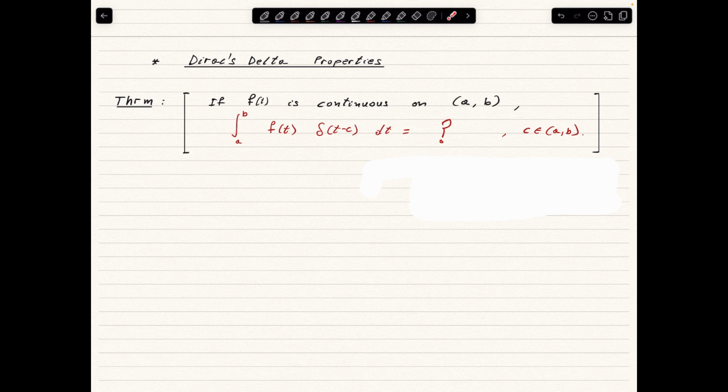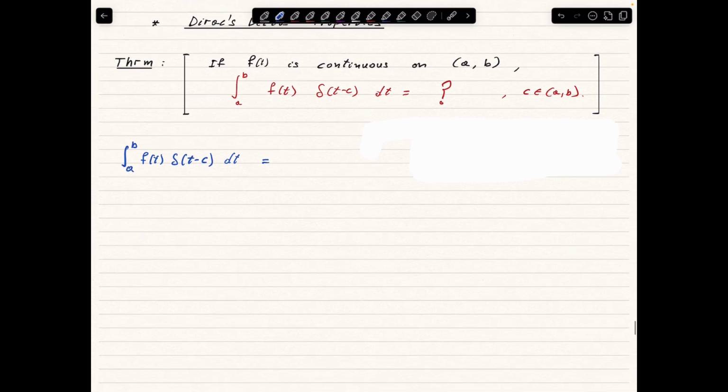In order to see what that is equal to, we are going to do the following calculation: integrate from a to b the function f of t times delta of t minus c, dt. And what is that equal to?